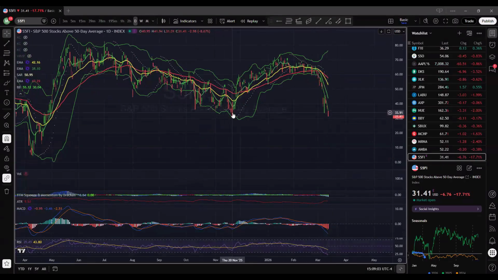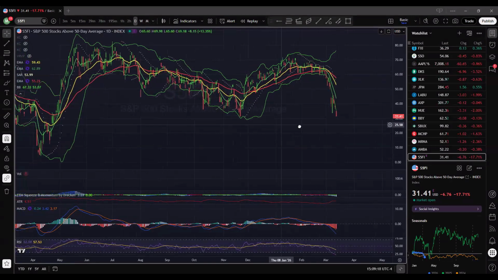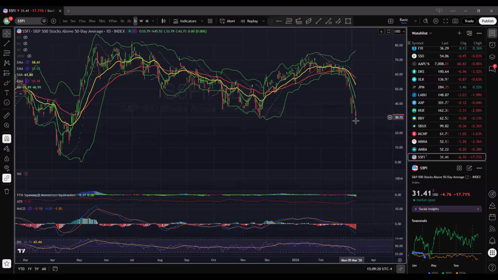I do have a custom indicator built in Thinkorswim that has a label on my chart that gives me the number. It's pretty close. I think today's number is maybe a little bit lower, but the significance of this was that we are at about the same percent of S&P 500 companies below their 50-day moving average as we saw back in November, right?